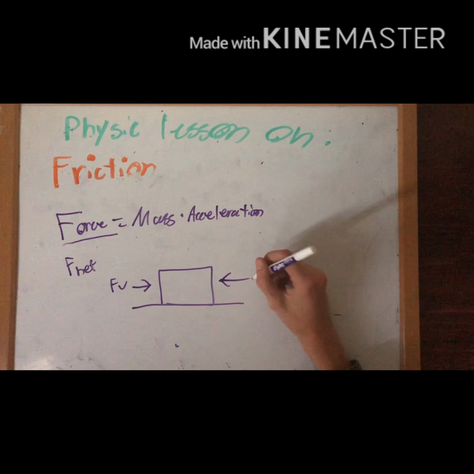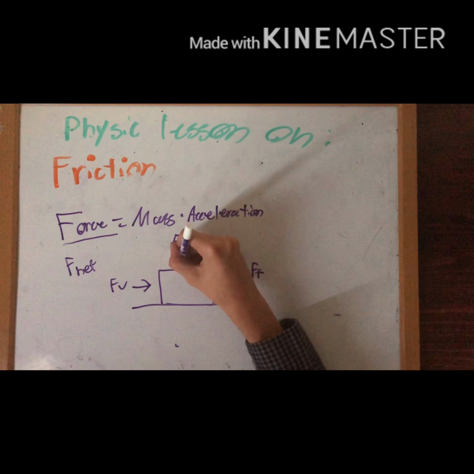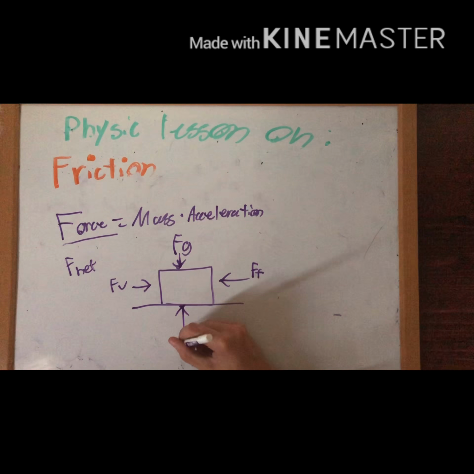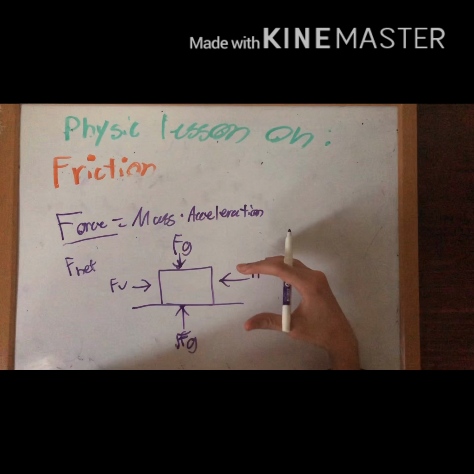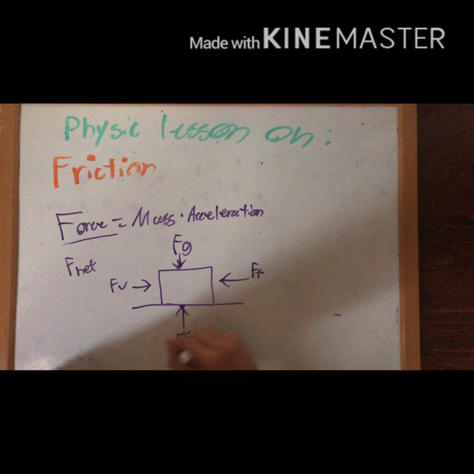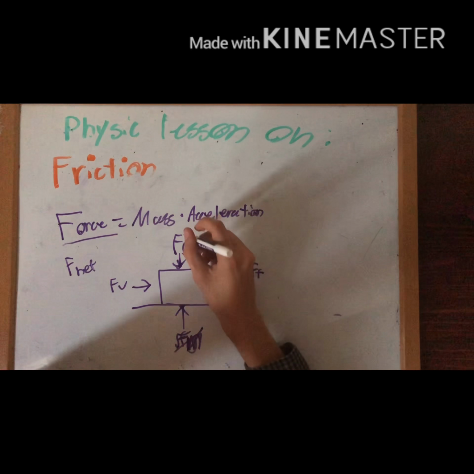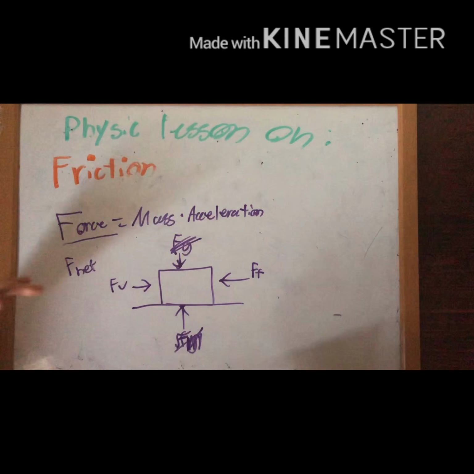And then there's also the force of gravity, which pushes down on the object, and the normal force, which counteracts that force. But since it's on a flat surface, you don't really have to care about these two forces. That's supposed to be the normal force, not the force of G.